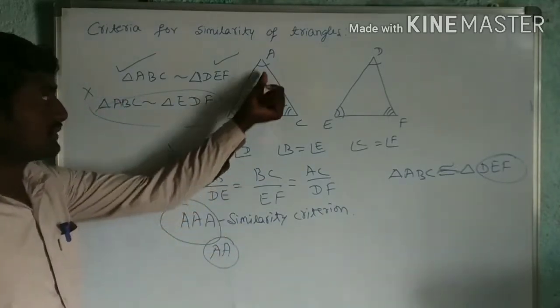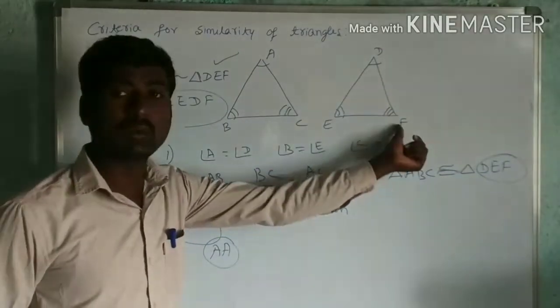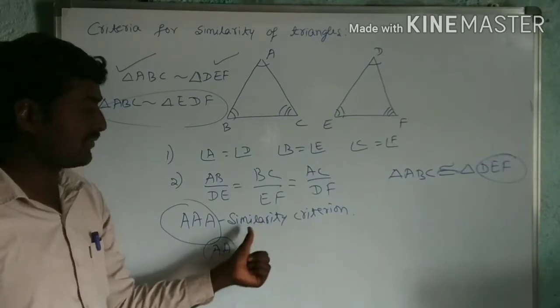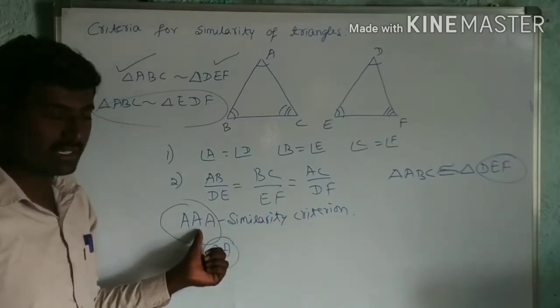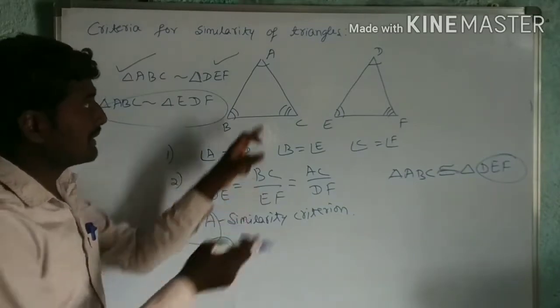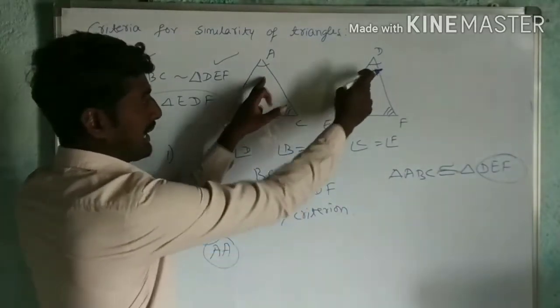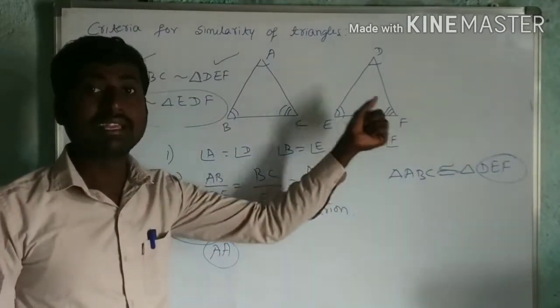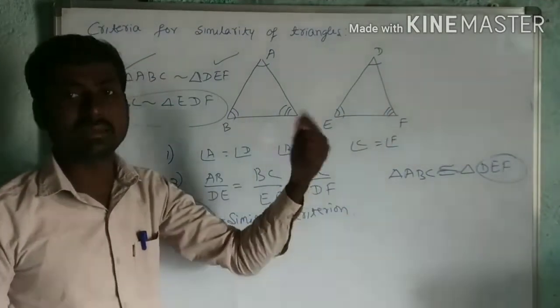Why? If three angles are equal, that is the criterion for similarity. Instead of taking these three angles, you can take two angles also. Why? Because if two angles of two triangles are equal, then the third angle also must be equal, because of the angle sum property.